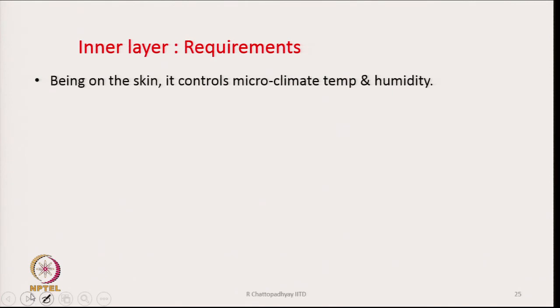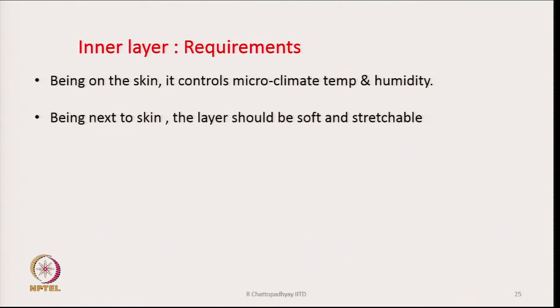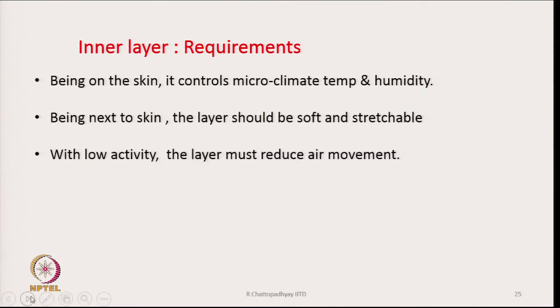Now, inner layer, if we now go into detailing of this, what are the requirements? Being on the skin, it controls microclimate, temperature and humidity. So, being next to the skin, the layer should be soft and stretchable, because it is coming into contact with the skin.